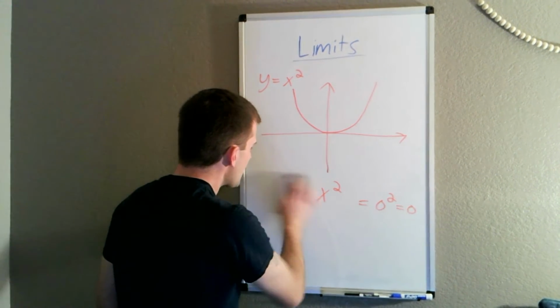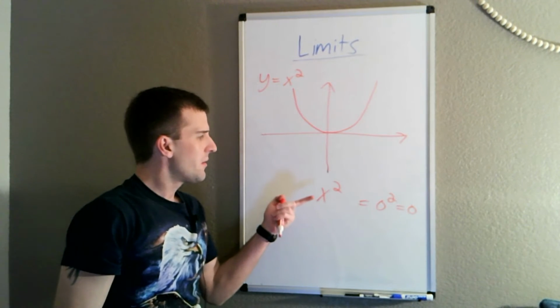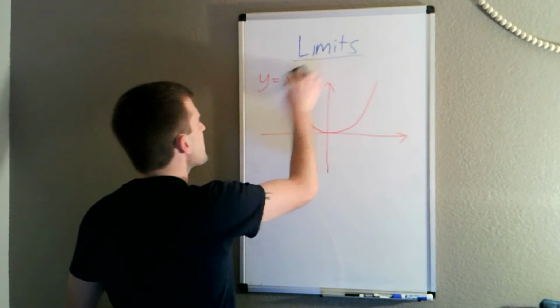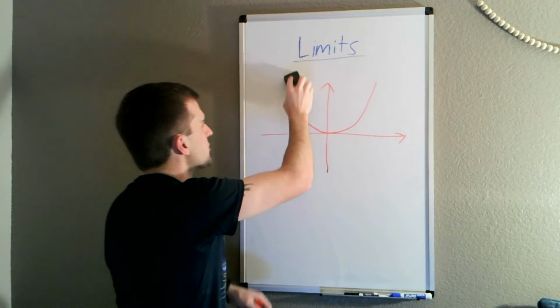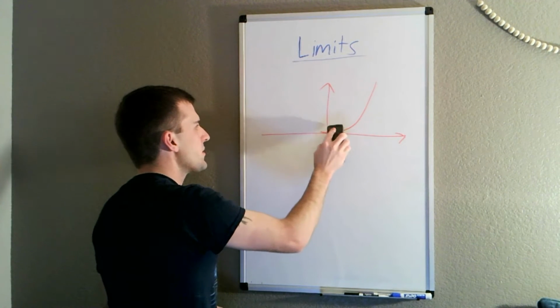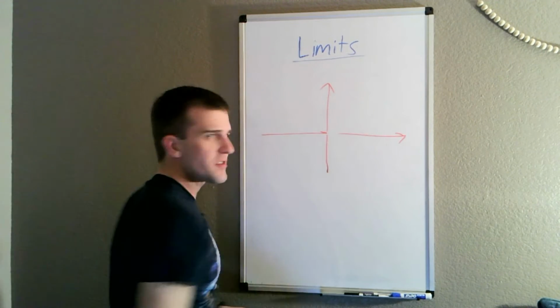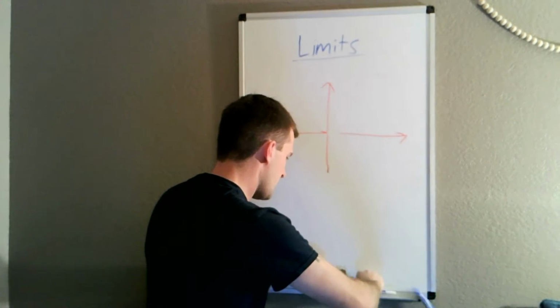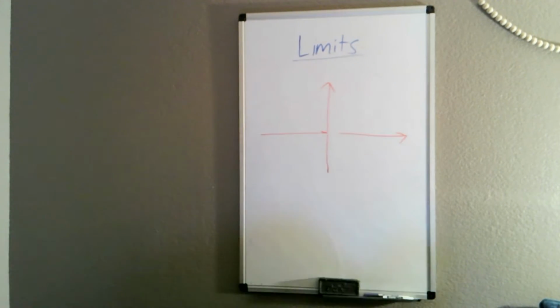So let me show you an example of where this would be useful. Let's say instead of having some nice continuous function like y equals x squared, we have a step function. I'll get a blue marker for this.